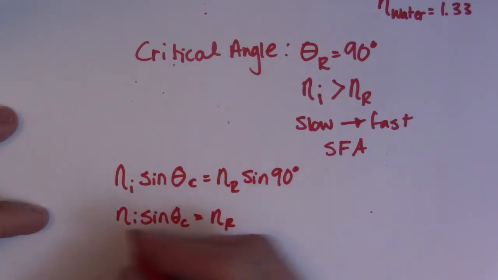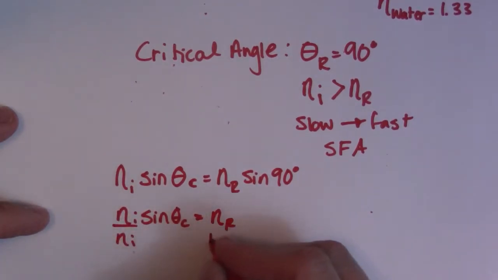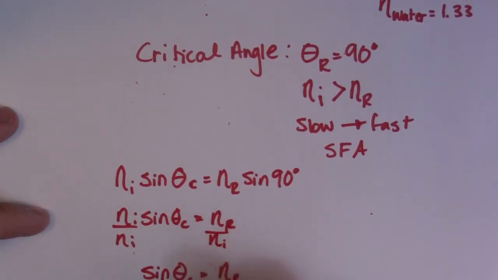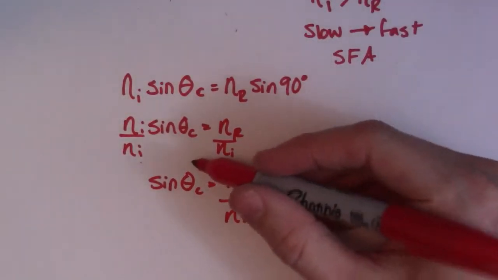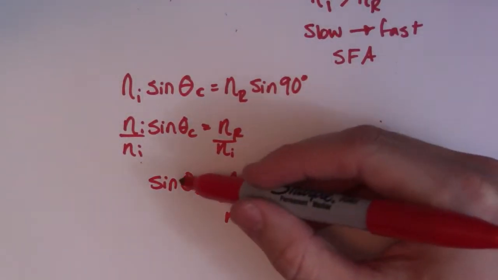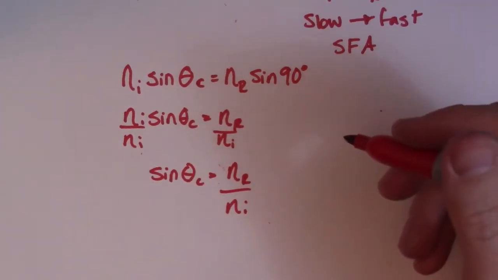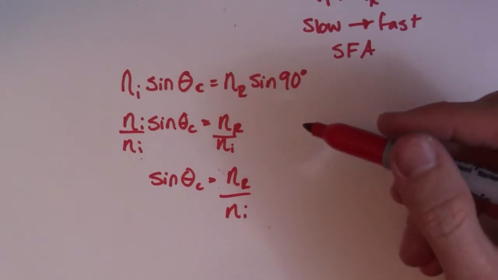If I divide both sides by Ni, I get a really easy formula to use: sine theta c is equal to Nr over Ni. A lot of times this will work for you for finding your critical angle. You divide these, then you have to do inverse sine to get the angle. And really, guys, that's it for the mathematics part behind it.